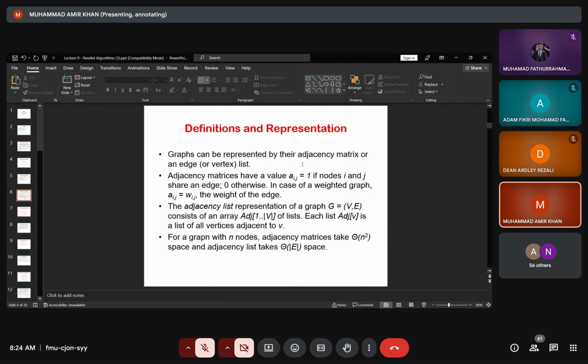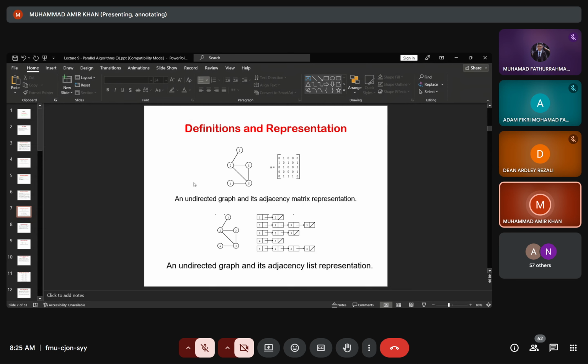The adjacency list representation of a graph G equals V comma E, vertices and edges, consists of an array Adj of lists, where each list is the list of vertices adjacent to v. For a graph with n nodes, the adjacency matrix takes theta of n squared space, while the adjacency list takes theta of E space. How? Here, this one is an undirected graph and its adjacency matrix.